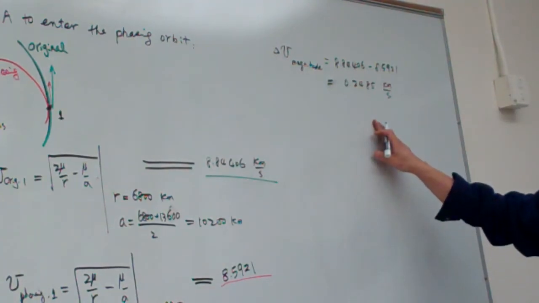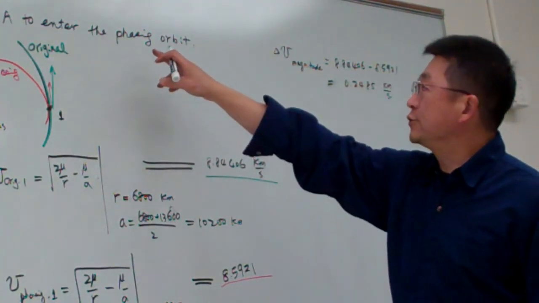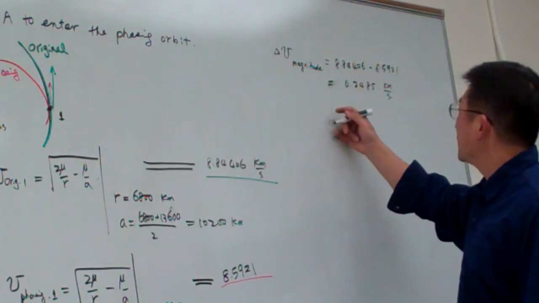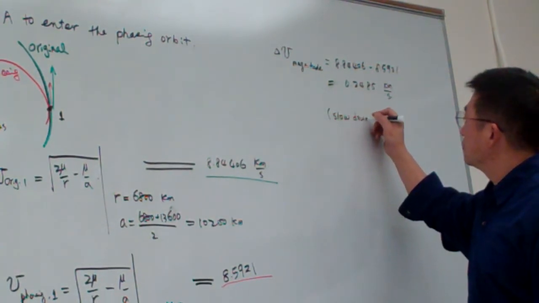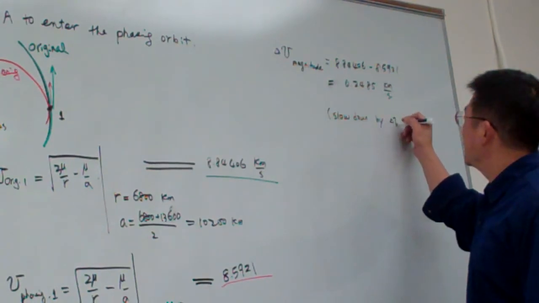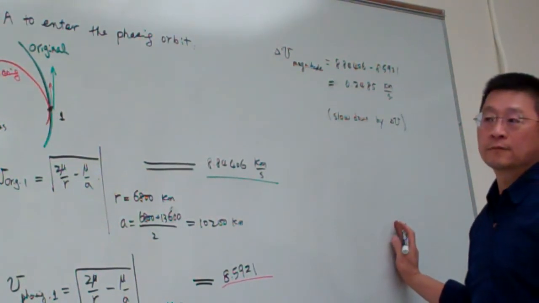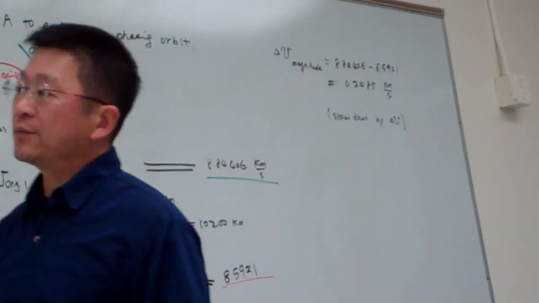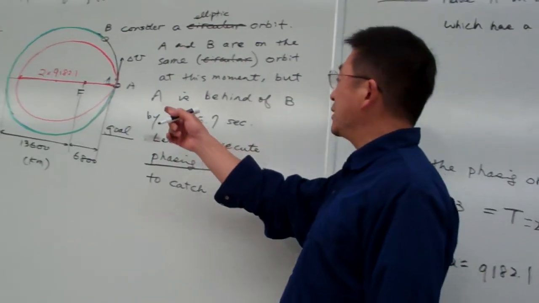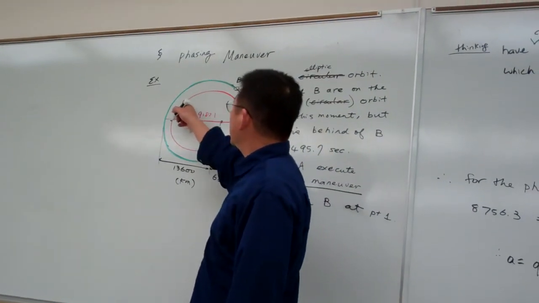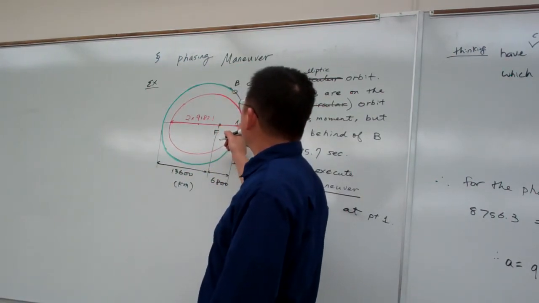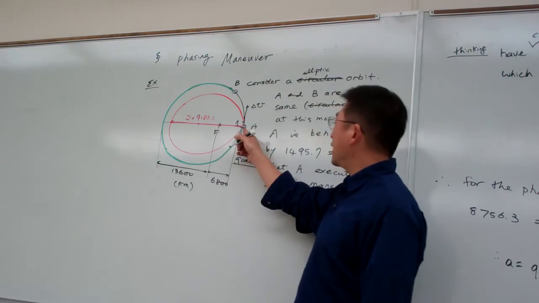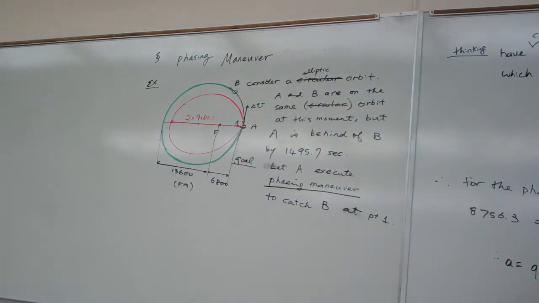When entering the phasing orbit, the spacecraft must slow down by delta V. Then spacecraft A will get into the phasing orbit, and hopefully A and B will meet at point 1 once they complete the whole orbit.